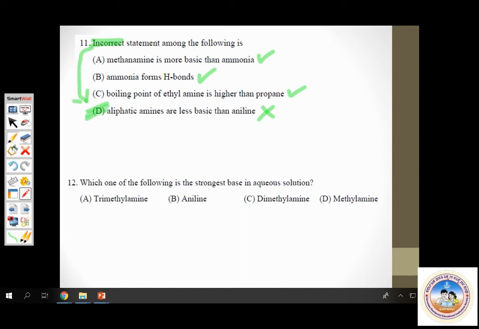Question number 12. Which one of the following is the strongest base in aqueous solution? Remember, you have to find out the strongest base and in aqueous solution. So remember the order of basic strength of methylamines in aqueous solution.